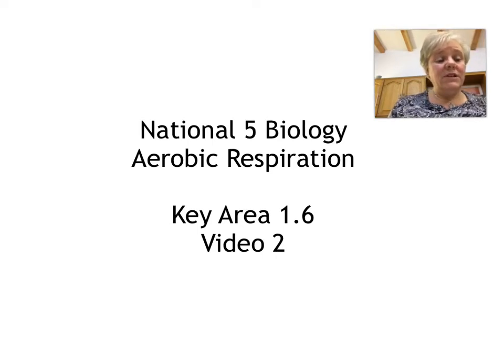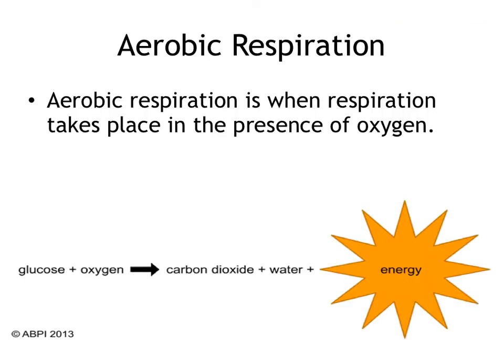Now, in the last video, I stated that respiration was the breakdown of glucose to produce energy. When we call respiration aerobic respiration, what we mean is that the breakdown of glucose happens in the presence of oxygen. And when that happens, carbon dioxide and water are produced, and so is energy.